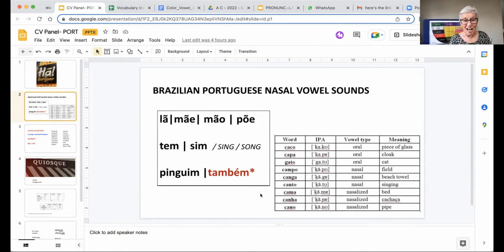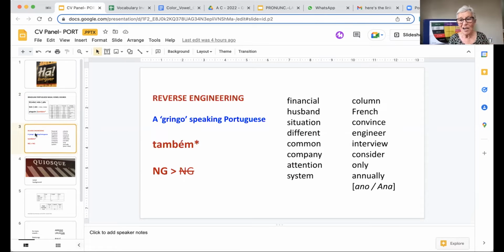So then the word também, which means also, it occurred to me one day when talking to my students, when they're doing all this nasalization of English words, and these were words that had come from their recordings or conversation where the sounds were too nasal for English, where the N or the M are not articulated, being in the middle of the word or at the end of a word.